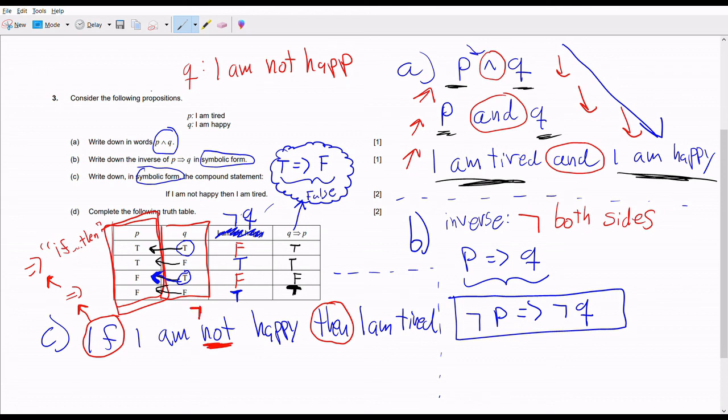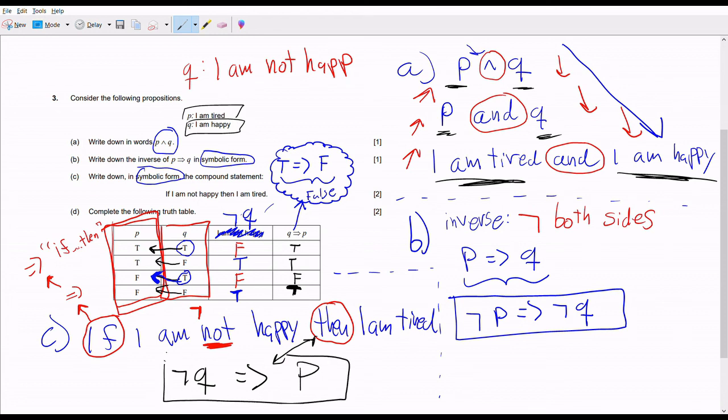In this example, we know that this is not Q, because we are adding a not happy to the proposition I am happy. Then I put the implication. Here it is, I am tired, and we know that I am tired is P by itself. So this is the answer for part C.